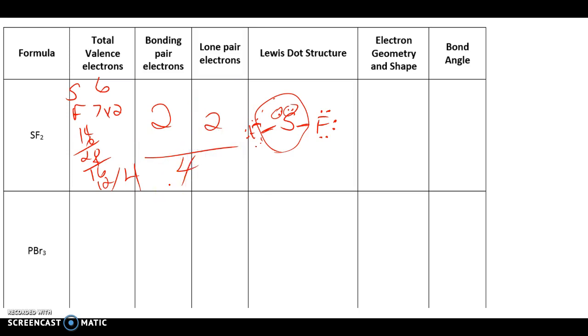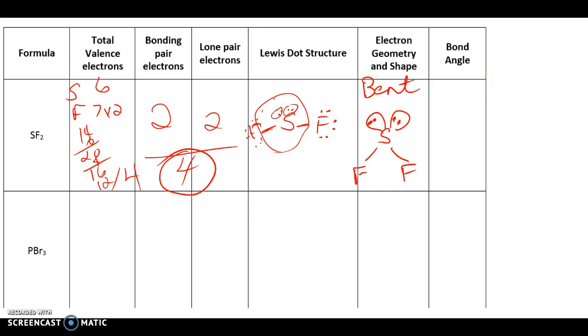When you go to your geometry sheet, you look up 4 total electron groups around that central atom, 2 lone pairs. You end up with a bent geometry, which looks like this. Right? And then really they show the lone pairs sitting up here on top of the sulfur. The bond angle's right off the sheet.